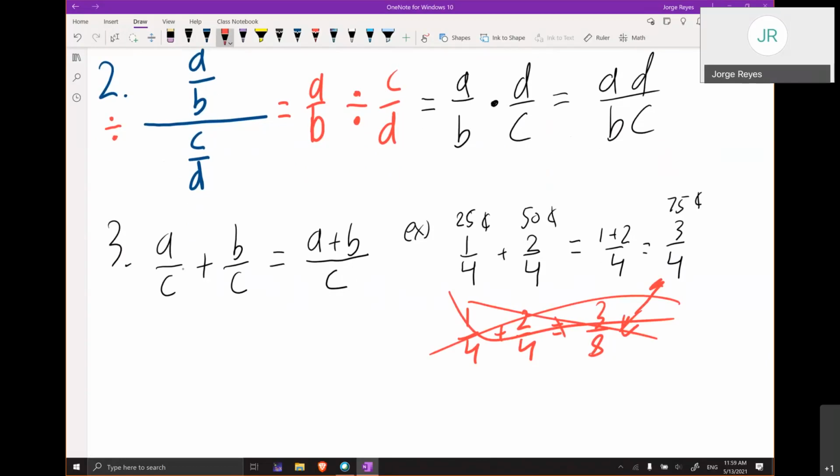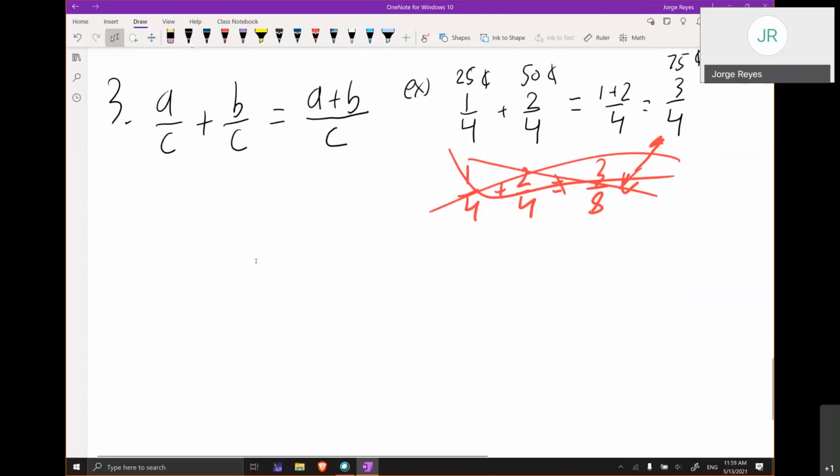All right, now it gets a little more complicated, because we had a matching denominator. What do we do when we don't have a matching denominator? A/B plus C/D. What we have to do is get a common denominator. The fastest way is to multiply each fraction by the one they're missing.